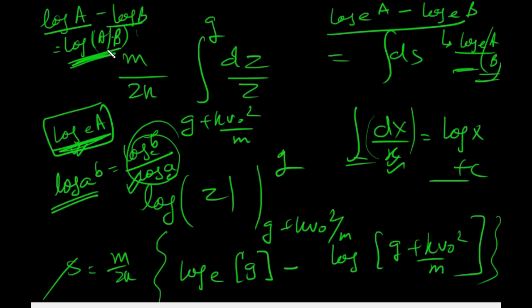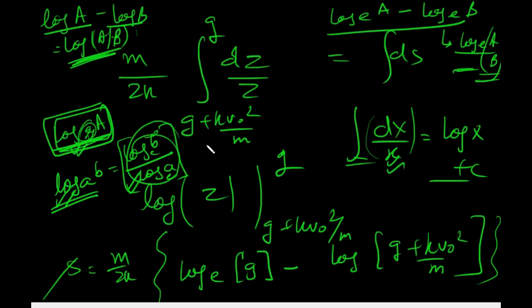The whole log, not individual logs. Log base A of B can be written as individual log of B by individual log of A. This log e is a standard form where e is the exponential, and this is the standard notation of log.